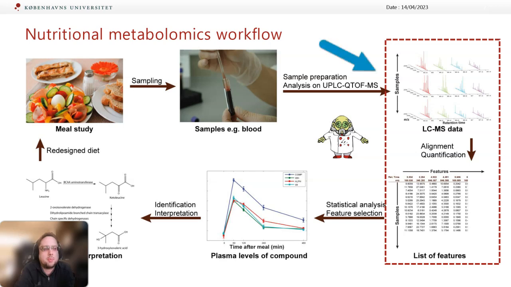We then end up with three-dimensional data because we have retention time, mass, and intensity, and even multiple samples. Before we can perform statistical analysis, though, we need a normal table that have the samples in the rows and features that represent compounds in the columns. And this step going from three-dimensional data to a normal table is what we call pre-processing.